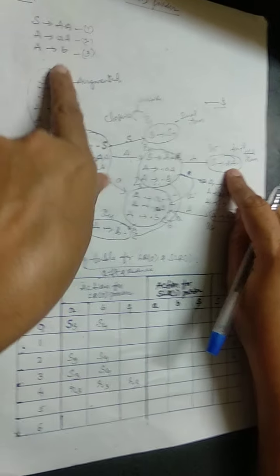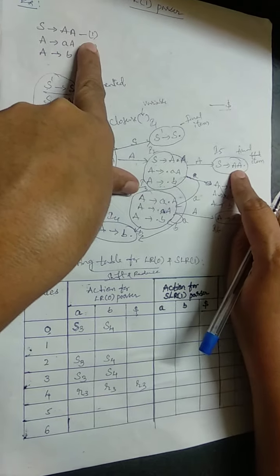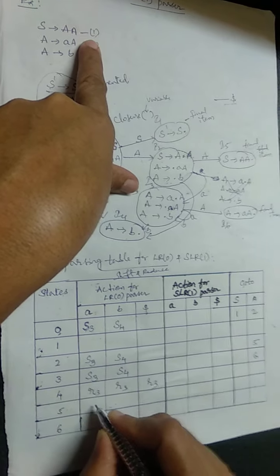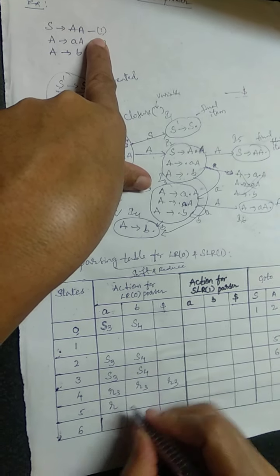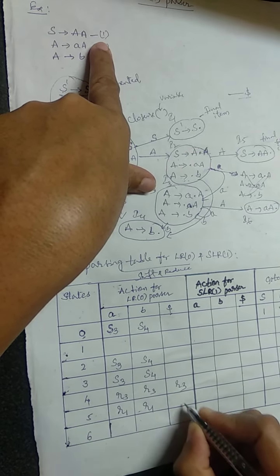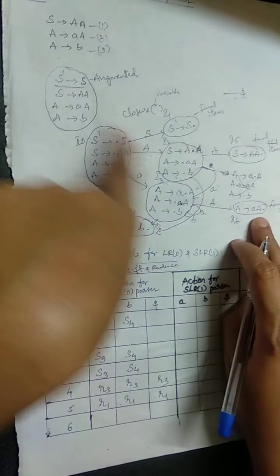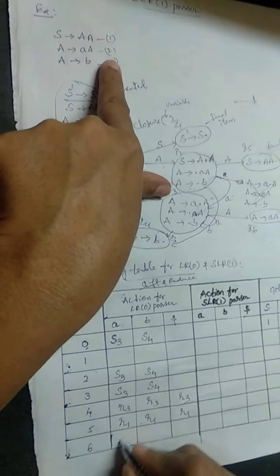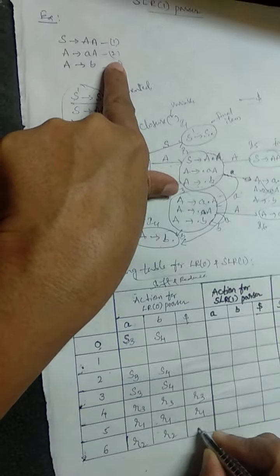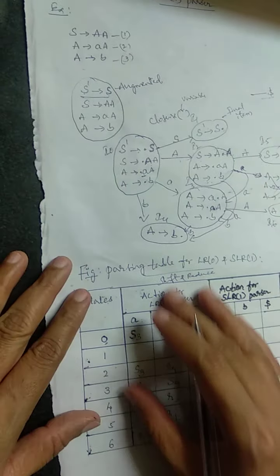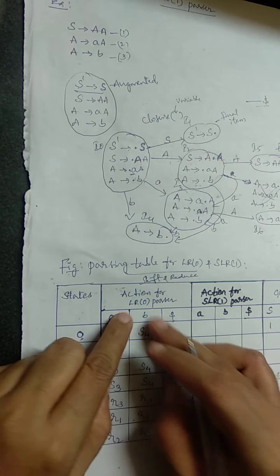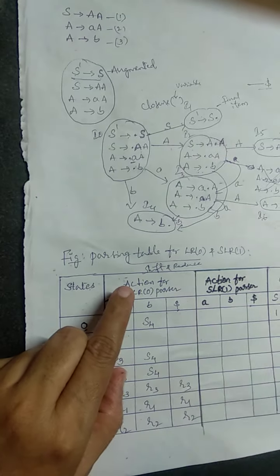I5 is S implies AA. What is the number? The number is 1. You have to write it in all the terminal columns. R1, R1, R1. And last one, I6. I6 is the second production. R2, R2, R2. So this is the complete action table for LR0.